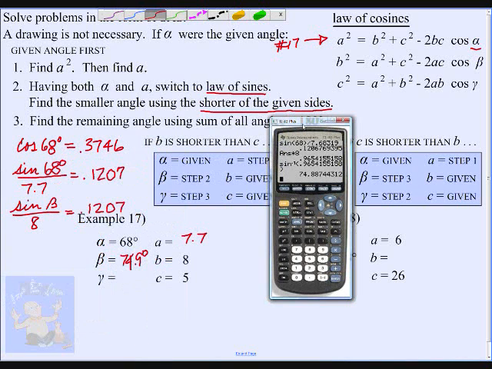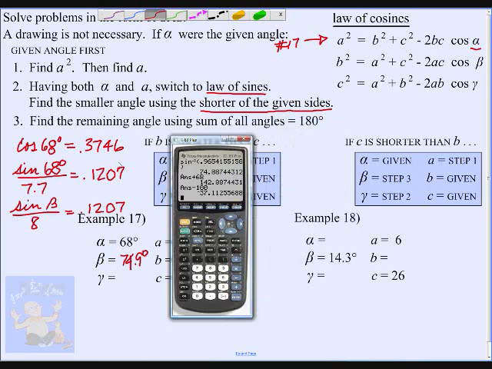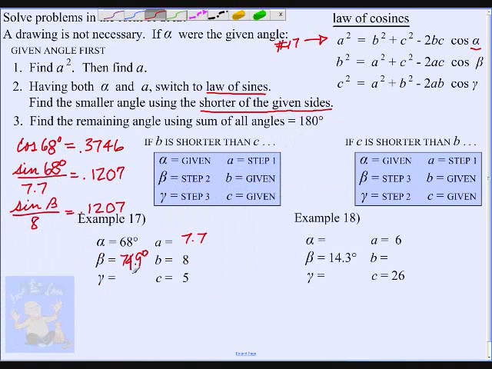I add 68 to that, plus 68, and find the difference with 180 to know what gamma is. It's 37.1. We add these all up, we get 180. 37.1 degrees. Very good.